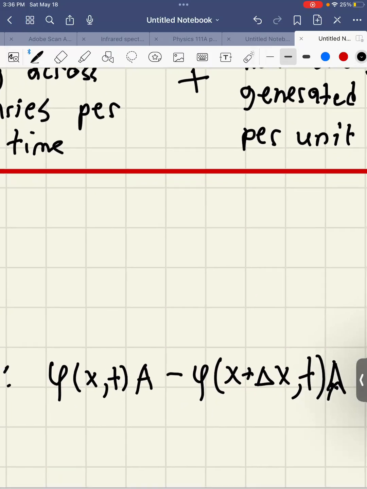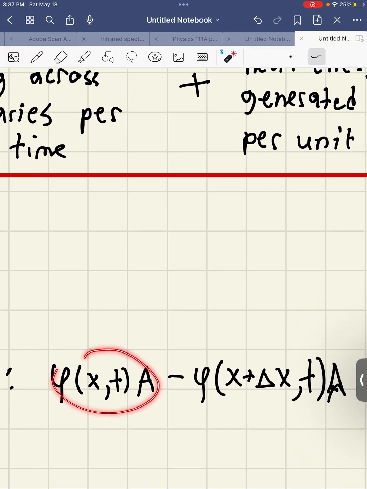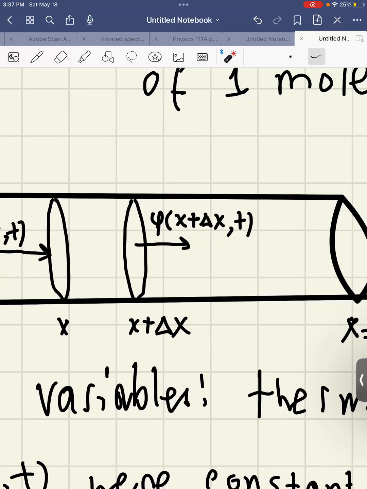Now, the heat energy flowing per unit of time at x contributes to an increased heat energy in the slice, whereas the heat flow at x plus delta x will decrease the heat energy.